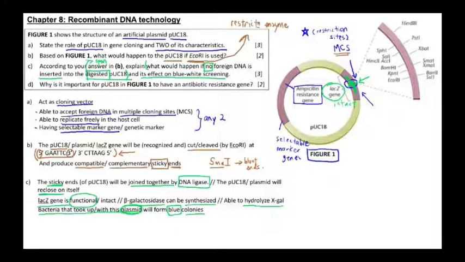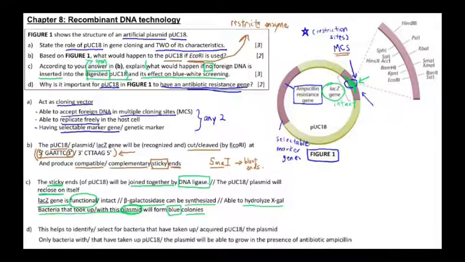And the last question here. Why is it important for pUC18 to have an antibiotic resistance gene? Why must a plasmid have this antibiotic resistance gene? Having the antibiotic resistance gene helps to identify or select the bacteria that have taken up the plasmid.